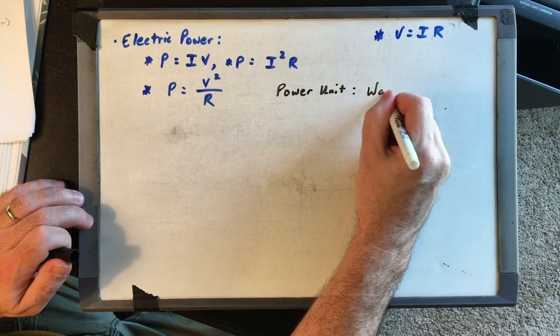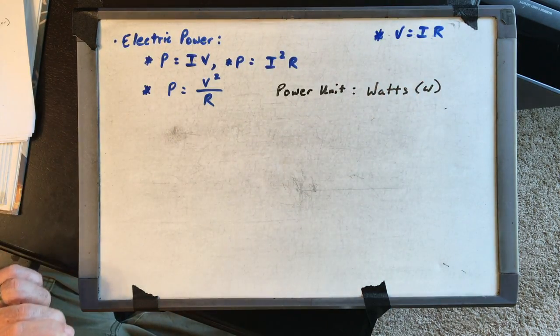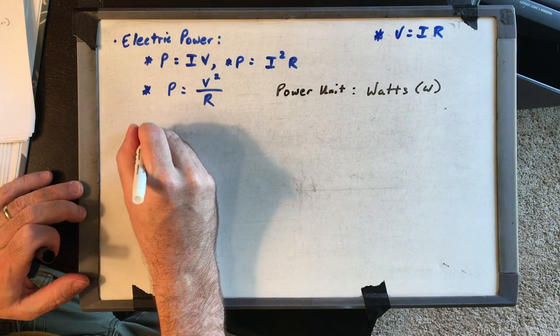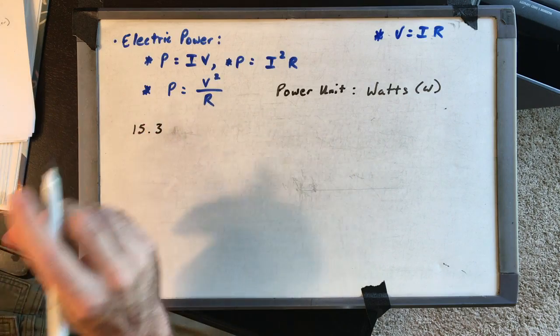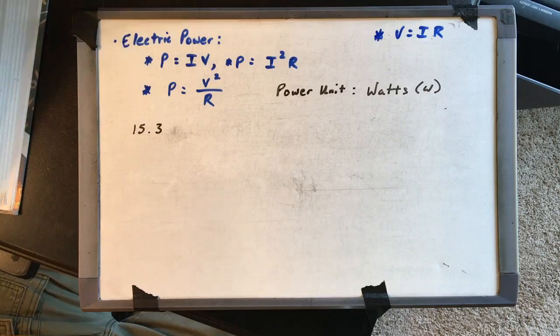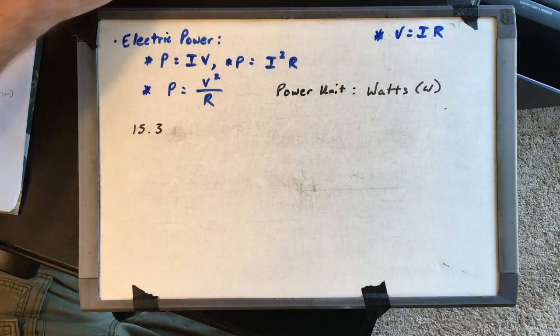It is watts. All right, let's look at on your own 15.3. So you are turning to page 496. So we should be able to get both of these on this board before I have to erase.